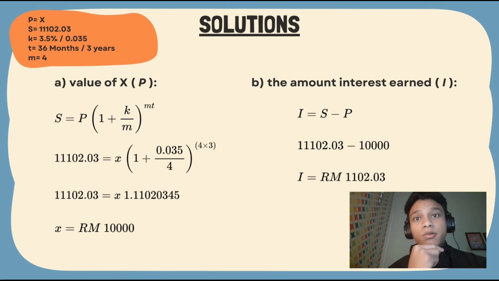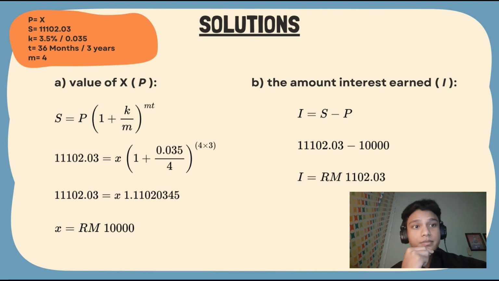Then we calculate the right side first, so 1.11020345 multiplied by X. Then we use 11,103.03 divided by 1.11020345. So X will be RM10,000, which is P.